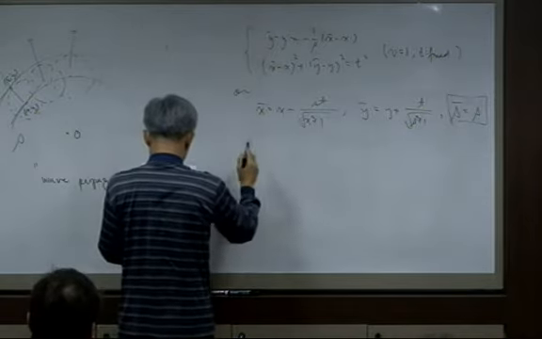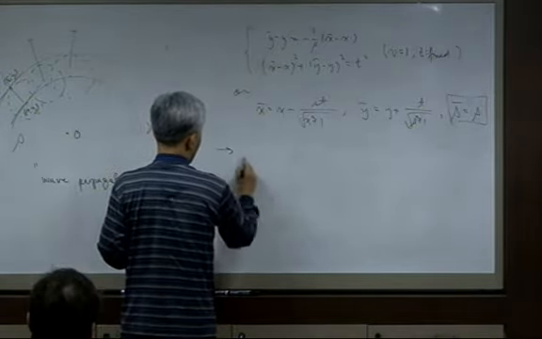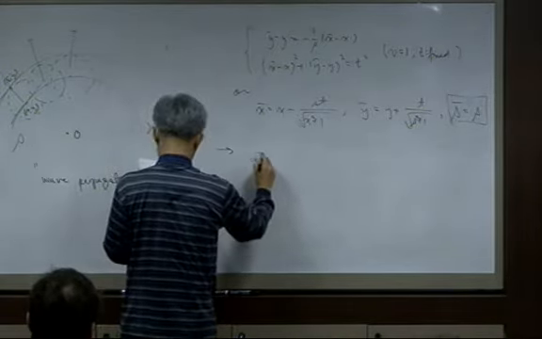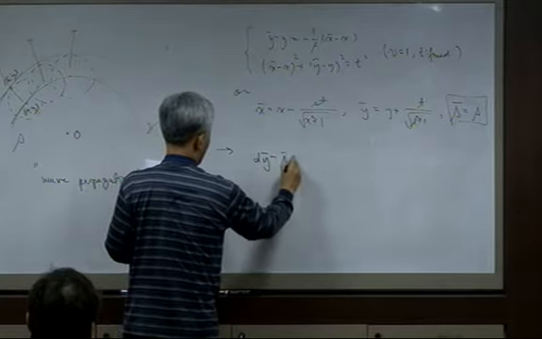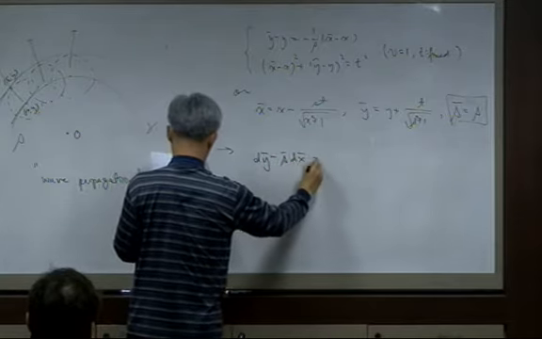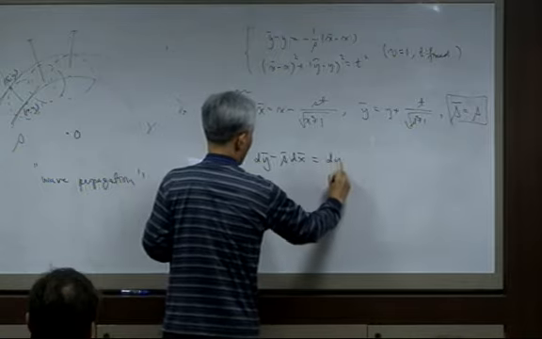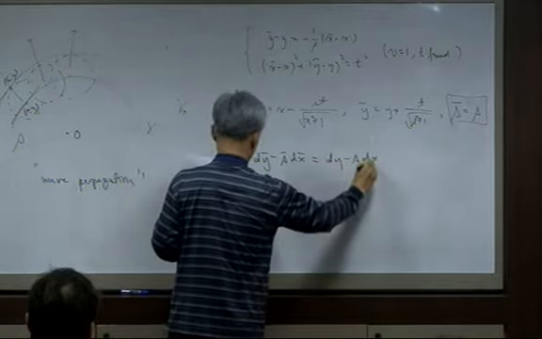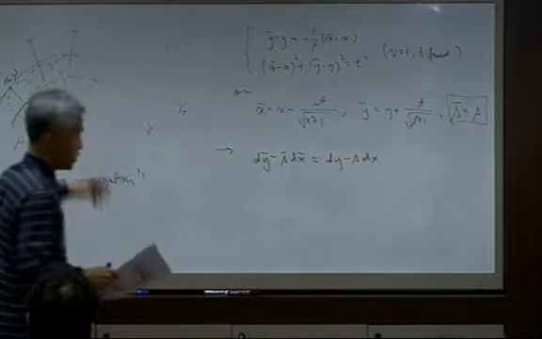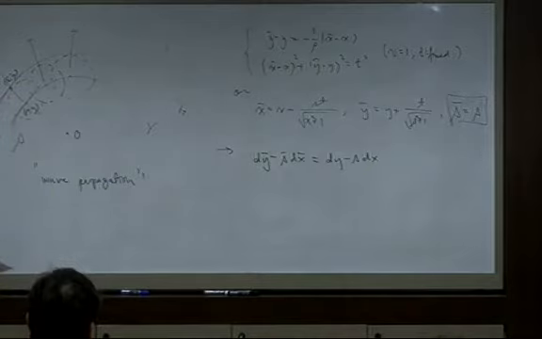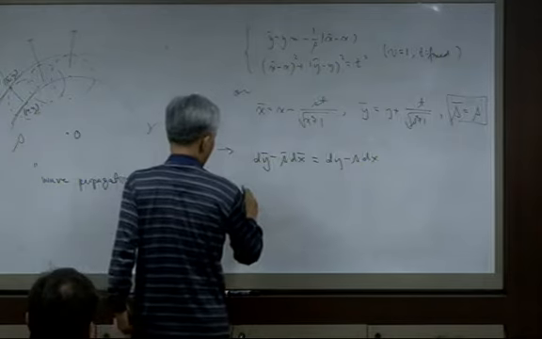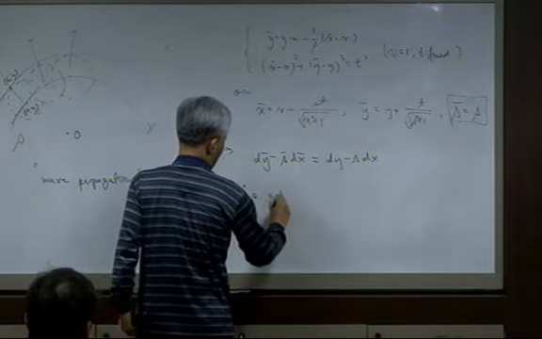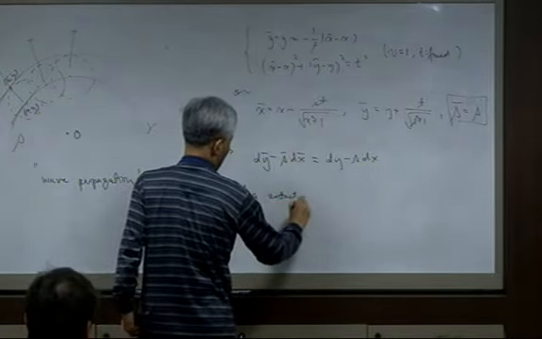From this, we get dy bar minus s bar dx bar equals dy minus s dx. Namely, it preserves the contact form. We call it a contact transformation.